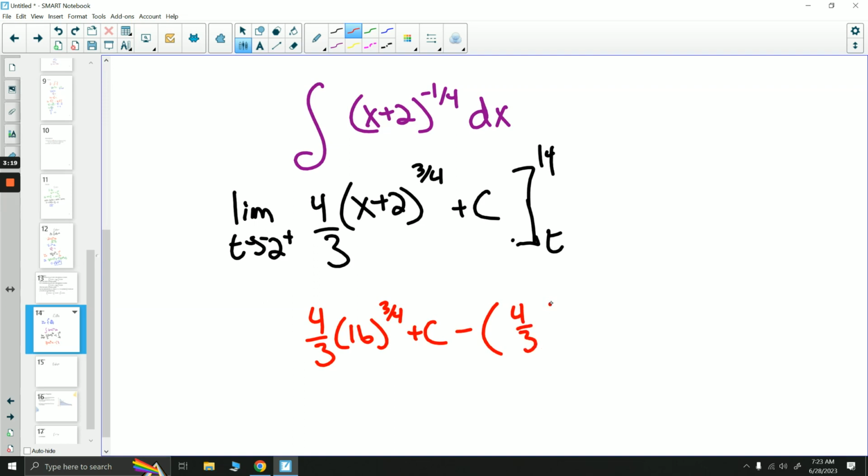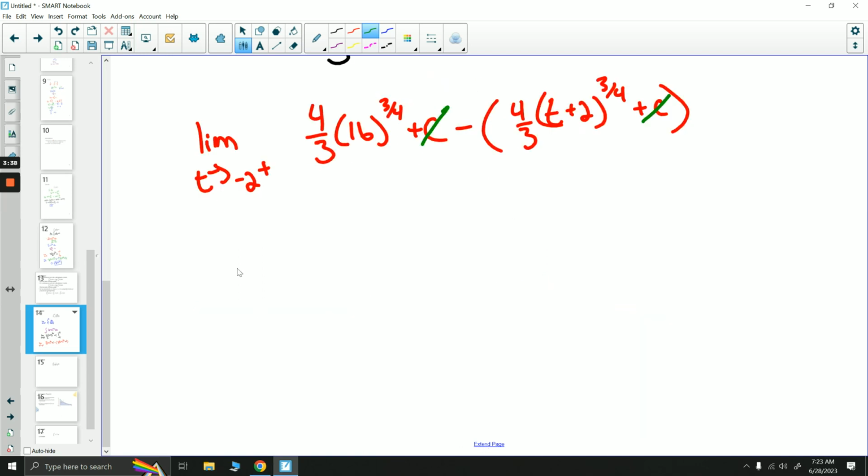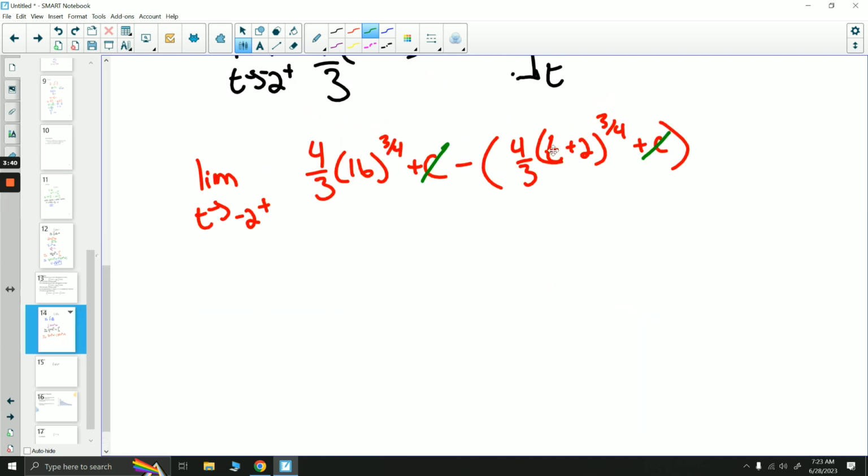In this case, we have (t plus 2) to the 3/4, plus c. All right, and we're going to take the limit as t approaches negative 2 from the right-hand side. Okay, so obviously these c's cancel. Negative 2, if we plug it in here, negative 2 plus 2 is 0. This becomes 0. And we're just left with 4/3 times 16 to the 3/4.